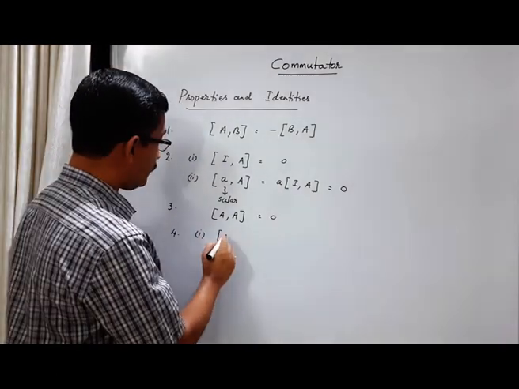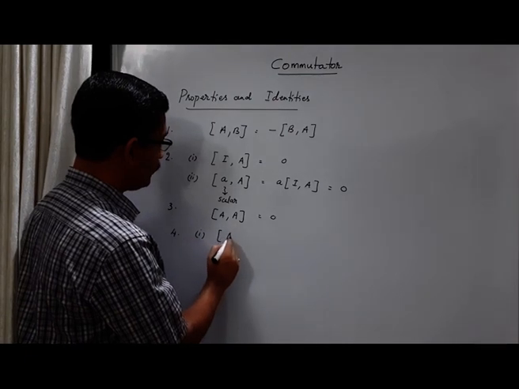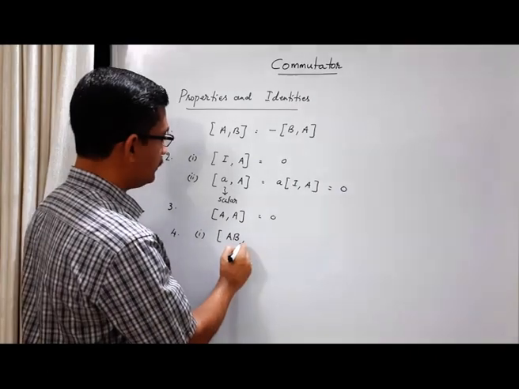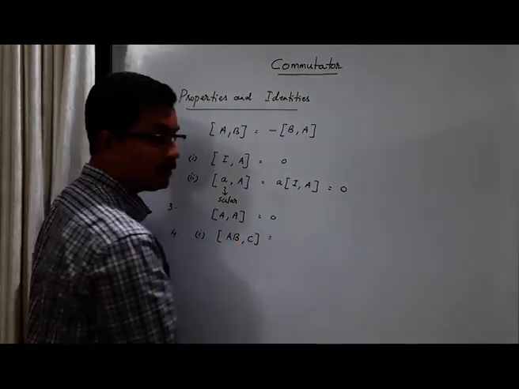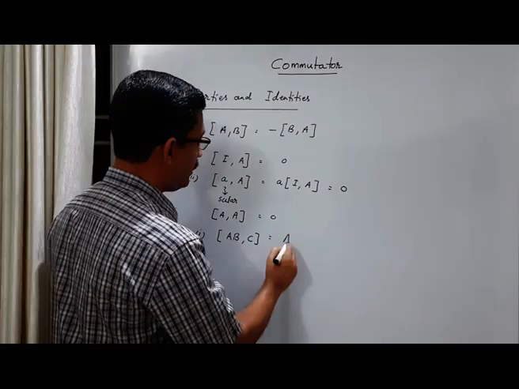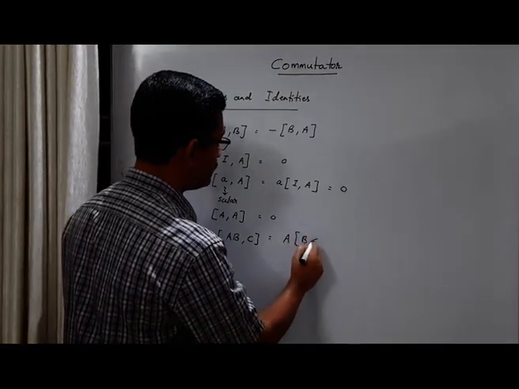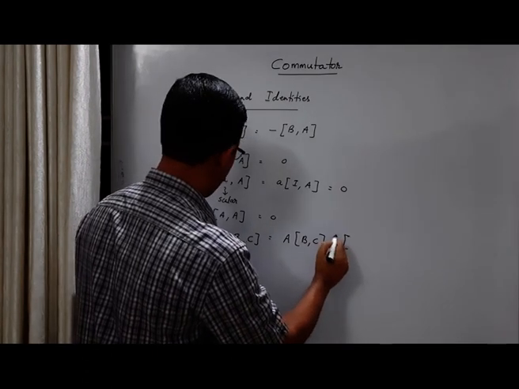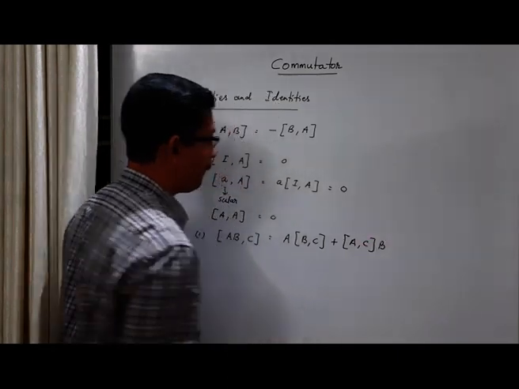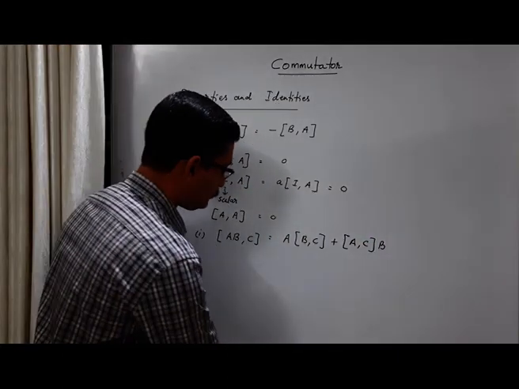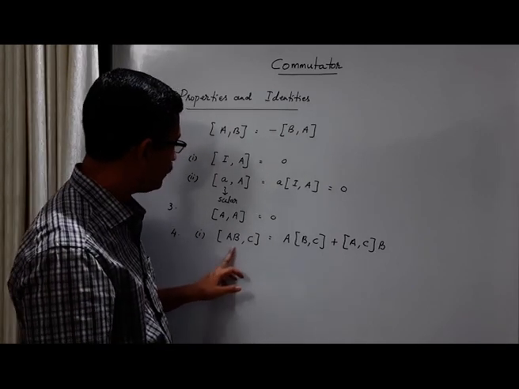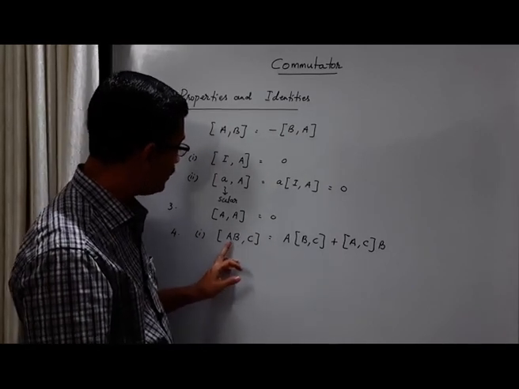Suppose in the first factor you have two operators, AB, then comma C. Okay, the commutator of AB with C. This you can expand as A times the commutator of B and C, plus the commutator of A and C times B. You can remember it like this.